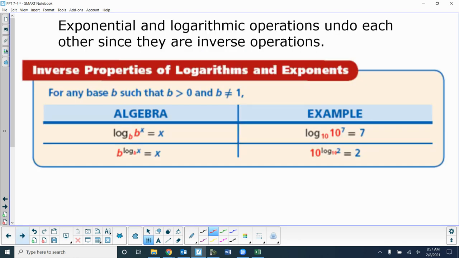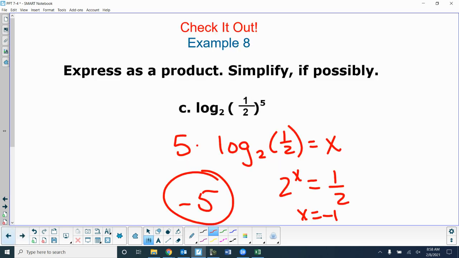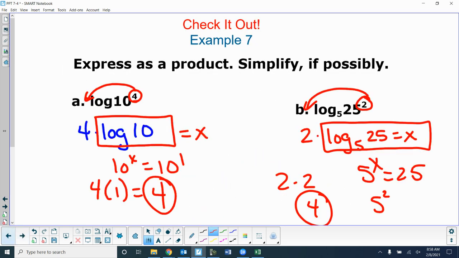All right. So here's a couple things that we just saw, actually. If the base of the log and the base of whatever that exponent is are the same, they just cancel each other out. So if we go back to this one, this was a base 10, right?